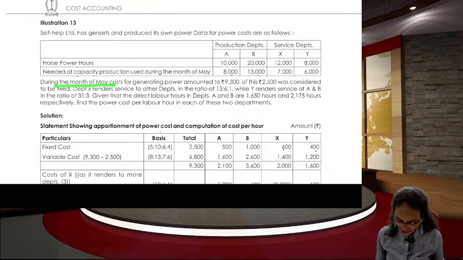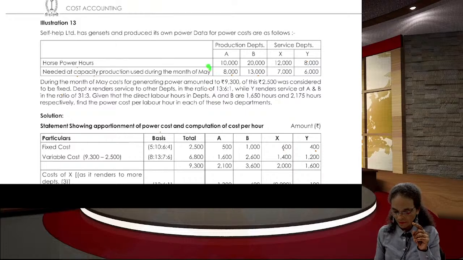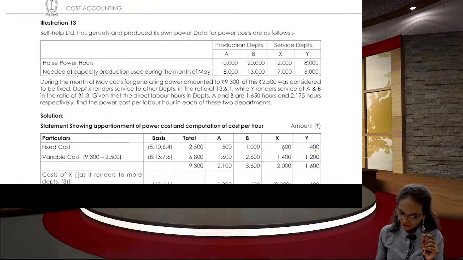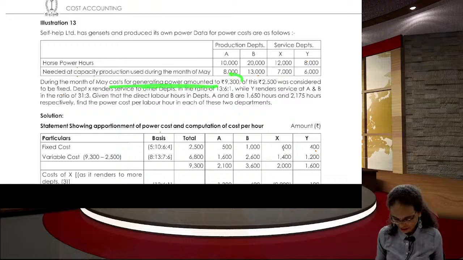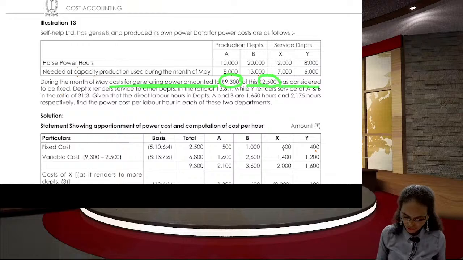During the month of May, the cost for generating power amounts to this much. The information is also given for the month of May, these are the capacity required for the production, and the expenditure for generating the power is this much. Of this, 2500 was considered to be fixed.